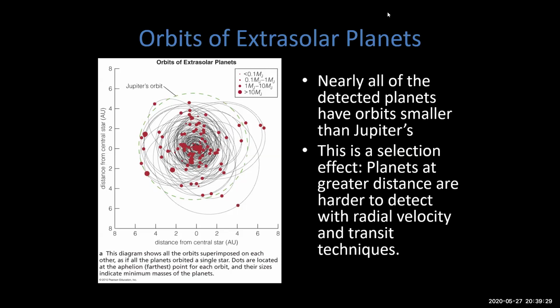You need 5 years to measure it once, 5 years to measure it again, 5 years to measure it a third time. So it's 10 to 15 years to make this type of detection for something at a Jupiter distance.